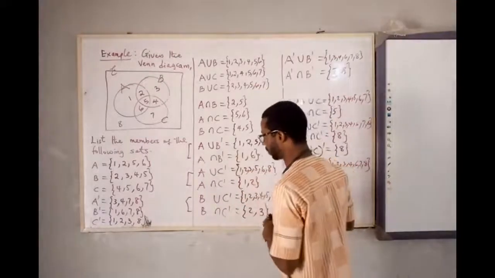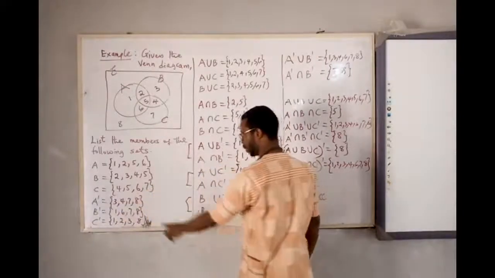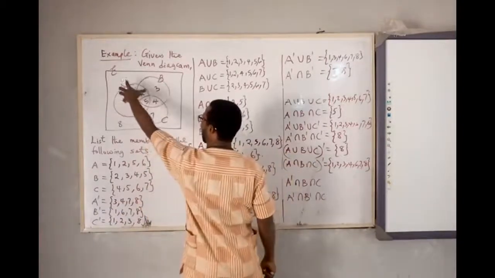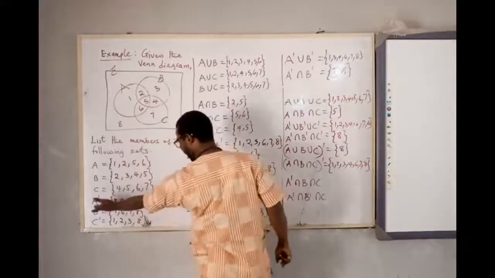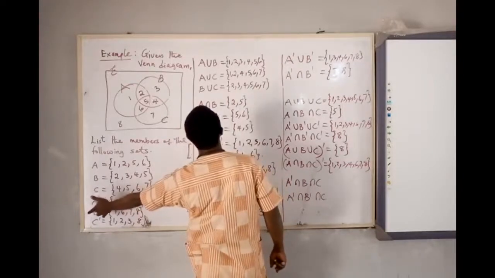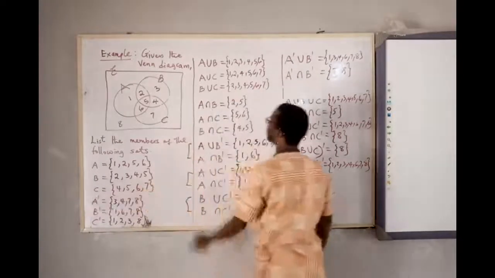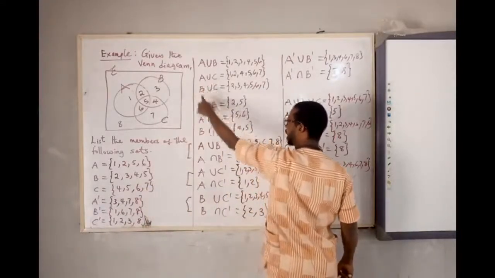I repeat myself. When you have A prime, when we started, I said you go to the A and delete it and write whatever you have left. That's because it's only A that we have, and there's no other set attached to it.